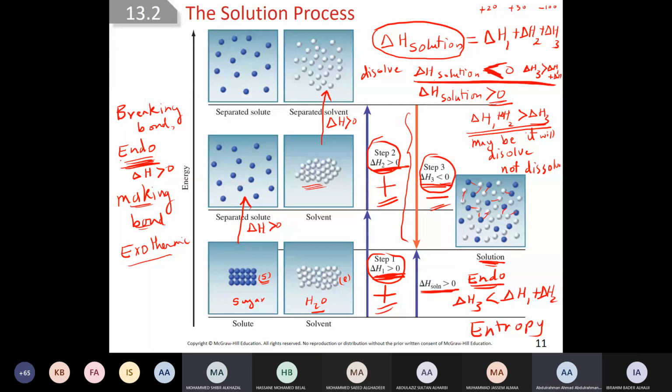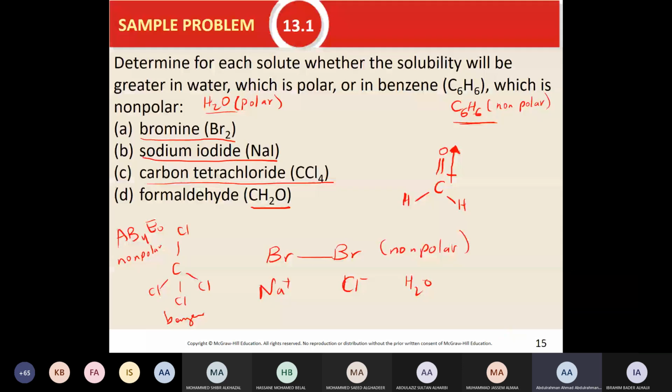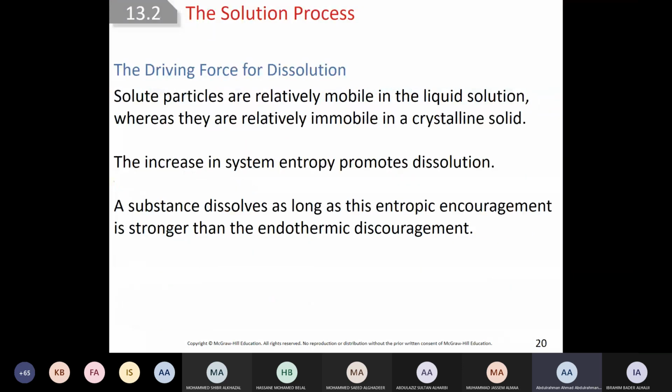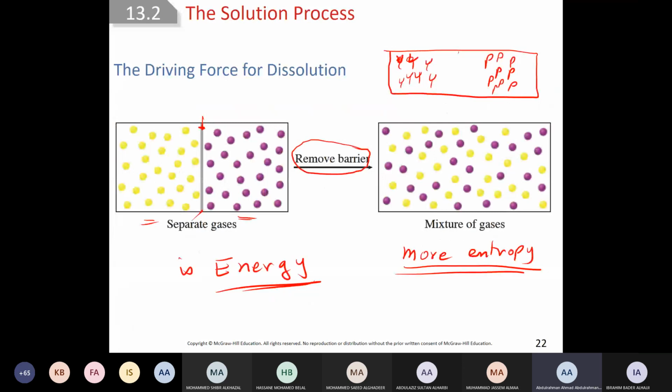I hope this is clear. So this is called entropy, and entropy means العشوائية. Okay, how can we go from here to here? كيف نعكس الانتروبي؟ What's the reverse of entropy? فوضى أو عشوائية.